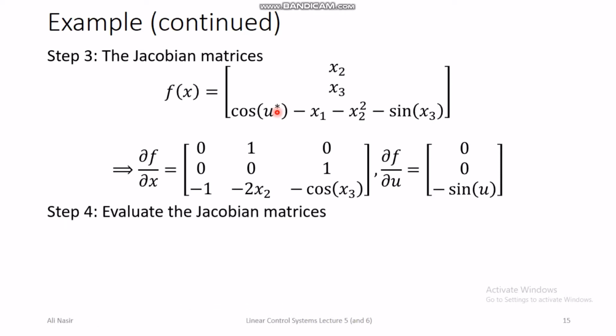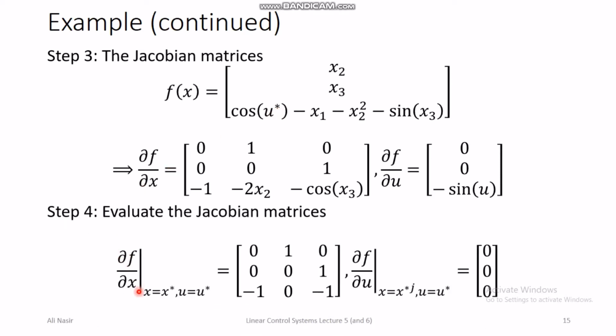Now we go into step number 4. Evaluate the Jacobian matrix partial f by partial x at x equal to x star and u equal to u star. Where there are no x1, x2, x3 or u, these numbers will remain the same, and where there is x1, x2, x3 or u, we will put their corresponding equilibrium values.